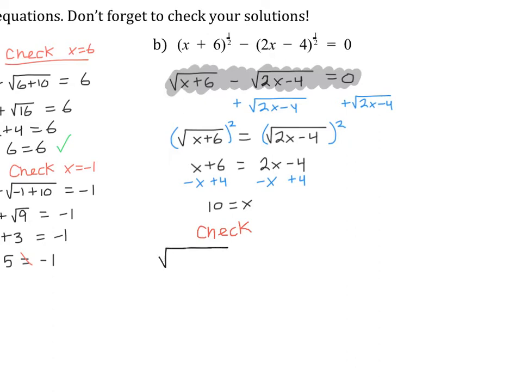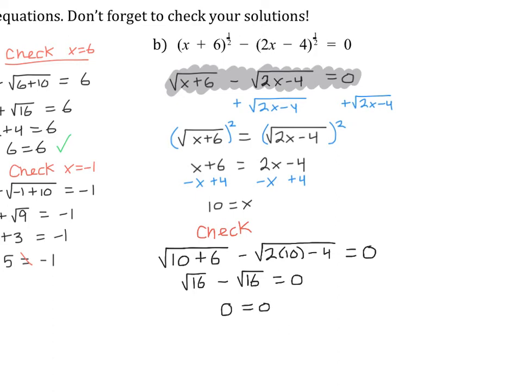So the square root of 10 plus 6 minus the square root of 2 times 10 minus 4 equals 0. So this says the square root of 16 minus the square root of 16 equals 0. 0 equals 0. So this does check out, which means that x equals 10 is a valid solution.